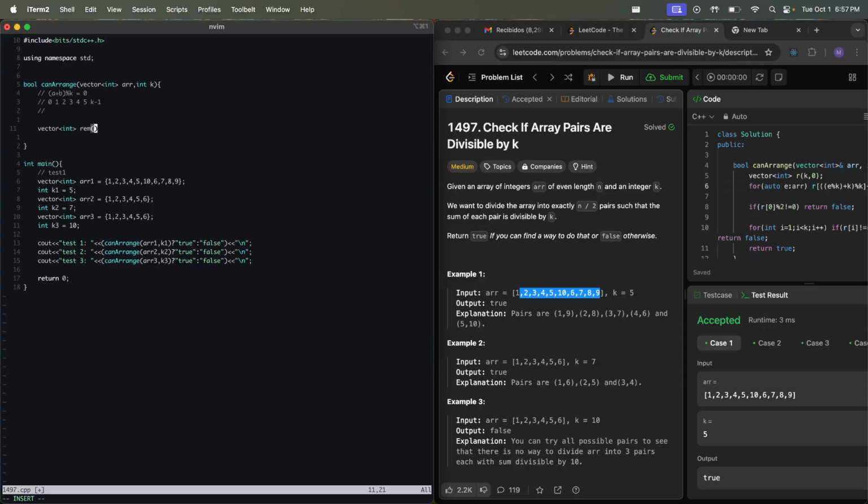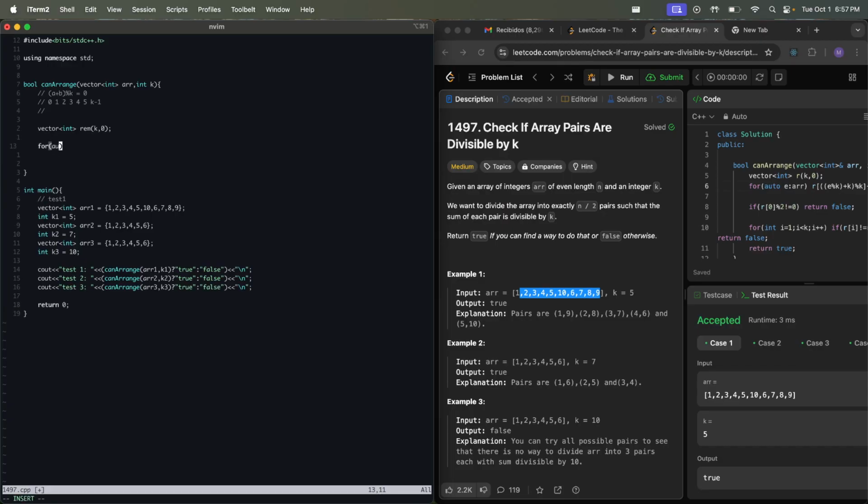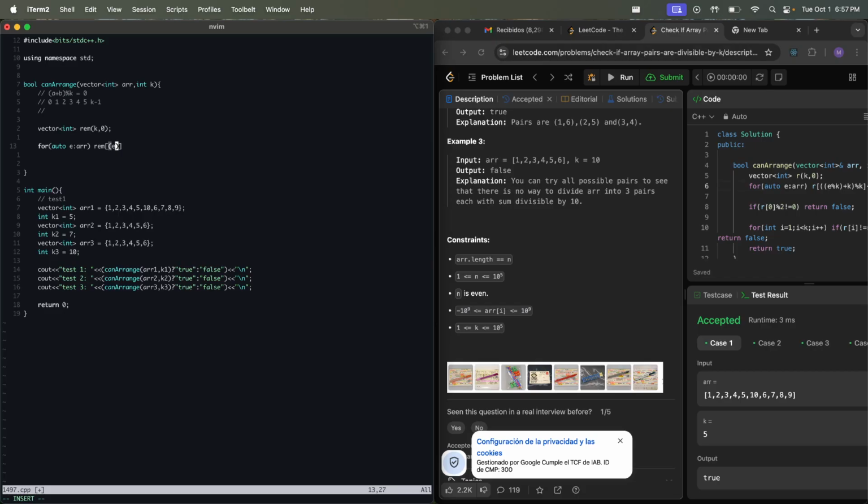Rem for remainders, and we initialize the count with 0, and then we start traversing the array. But at the moment of classifying the numbers against their remainder, because the numbers can be negative, first we need to get the remainder, but then to prevent having negatives in this index, we are going to sum k again and then take the remainder against k.